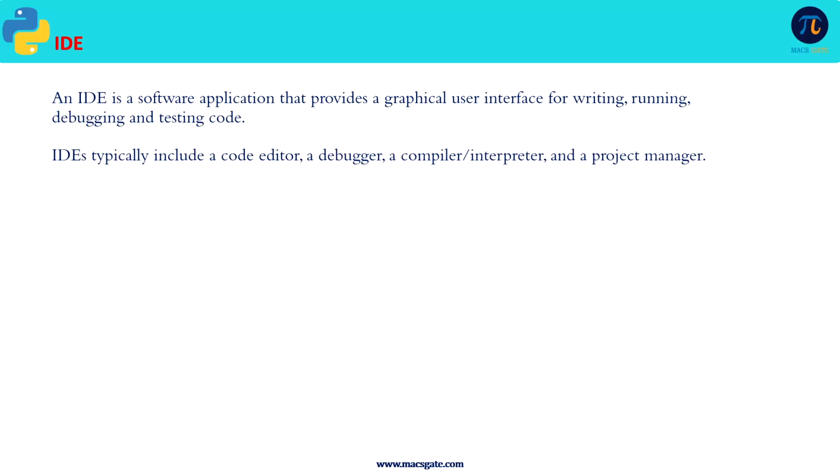These IDEs provide several features like code coloring, auto completion of the code, auto indentation. They help you in writing the code and in correcting the errors in the code. So these IDEs provide many features to make our life simple.